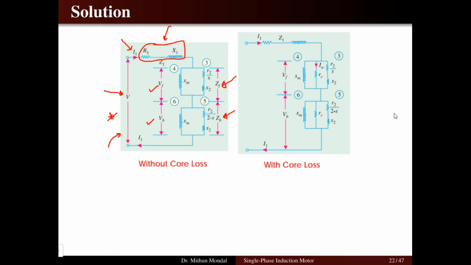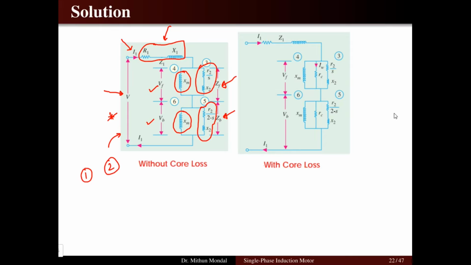Here the rotor circuit is divided into two parts, one for the forward field and another for the backward field. Each has its own resistance and reactance, which is half of the given value. The value of the magnetizing reactance Xm is also given for the circuit. It should be remembered that 1 is for the stator and 2 for the rotor.